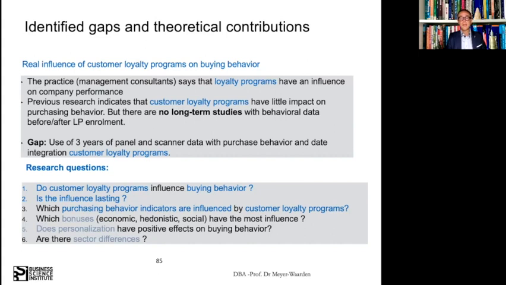So this brings me to the idea: less is more. We cannot give an answer to all of these research questions by doing one research, a DBA or a PhD or any other research. And therefore, subsequently in my research program, I worked on the research question, which are the rewards that have the most influence by taking into account different dimensions of perceived value. And personalization.